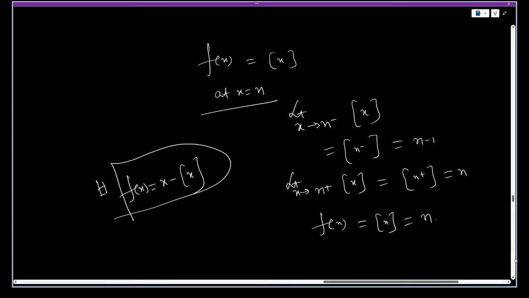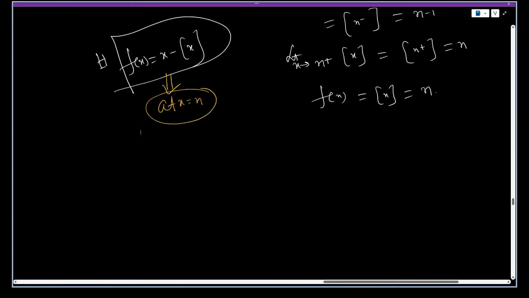Okay, how I am doing it. For this one, we are going to check at x equal to n. So here LHL, x tending to n minus. See, on x the limit will not work, it is n minus, it will remain n only.